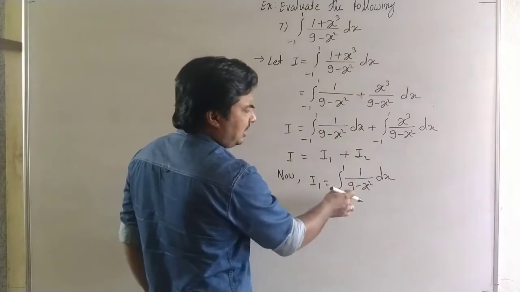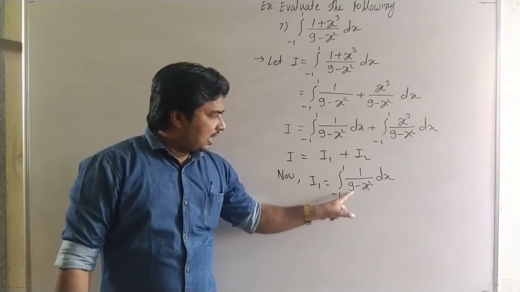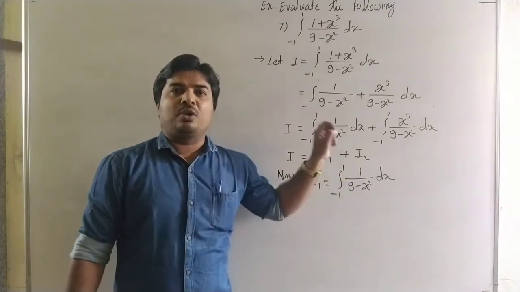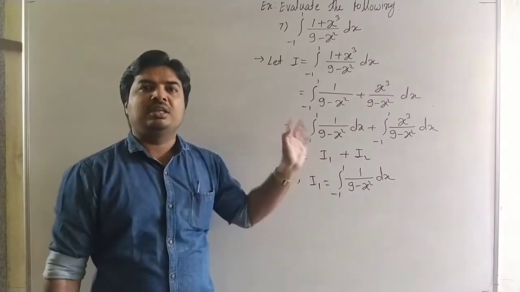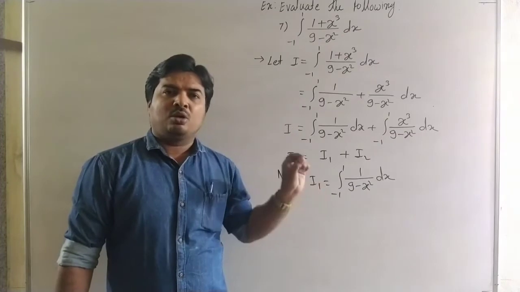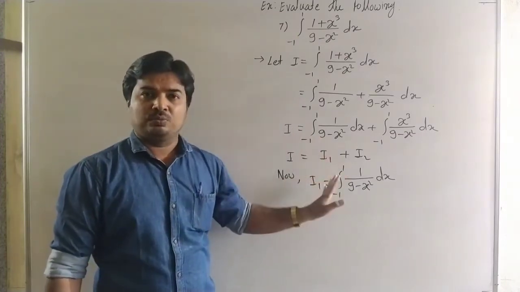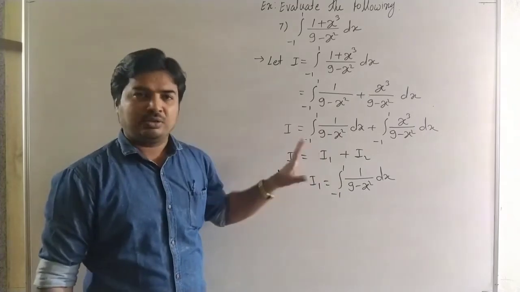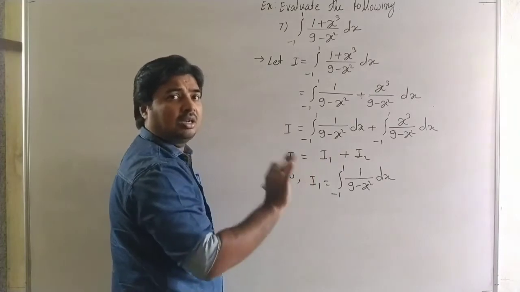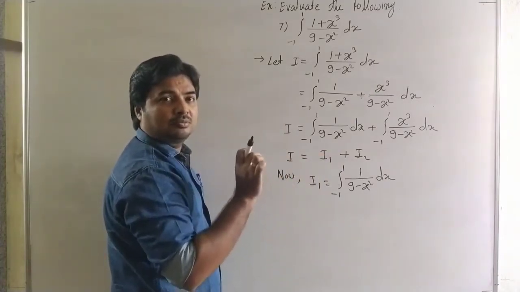We can also solve it directly: 1 upon 9 minus x square means 1 upon a square minus x square, and its integral is a special integral, that is 1 by 2a log of a plus x upon a minus x. You can solve directly also and get full marks, but here we use the property of minus a to a.